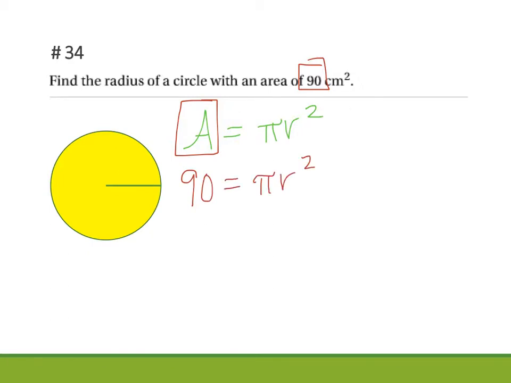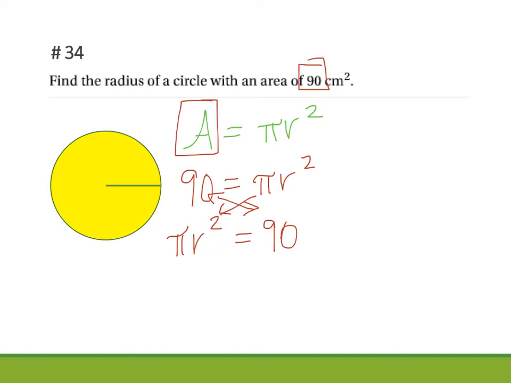And we're going to solve this equation for the radius. We're going to find the length of the radius. Now, to make this a little bit better to look at, I'm going to reverse the sides here. So I'm going to write this as pi r squared is equal to 90. See how I didn't change the equation at all? I just switched the two sides of the equation and made the left the right and the right the left.